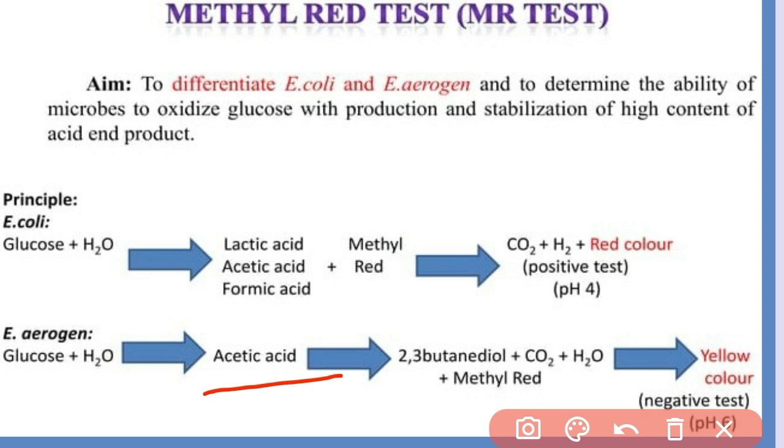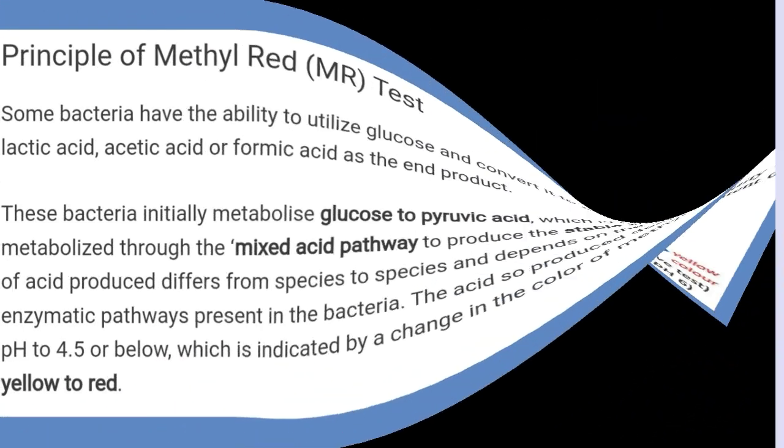So the pH of the medium increases, so yellow color is developed after the addition of the indicator methyl red. So this is not a stable acid product after the fermentation of glucose by Enterobacter aerogenes. In this test, the stable acid products are detected.